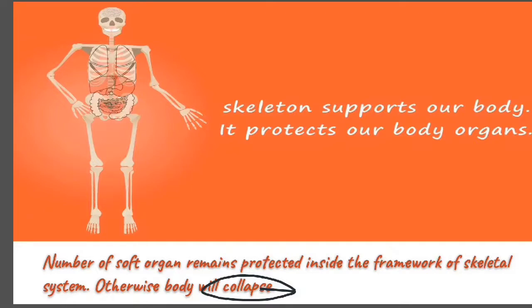That is why this frame is required. So I have written that the skeleton system supports our body and protects our body organs. All these things we are going to discuss deeply one by one, just to give you a preview of what we are going to learn in this whole video.